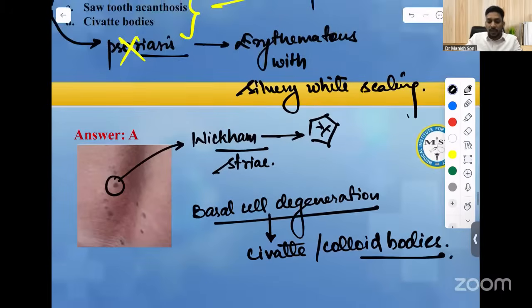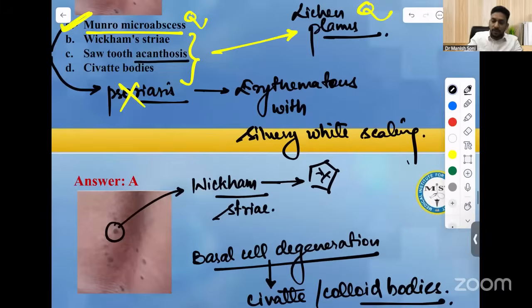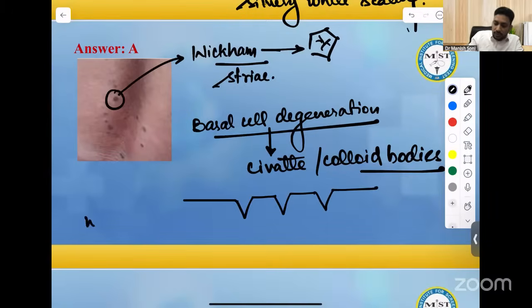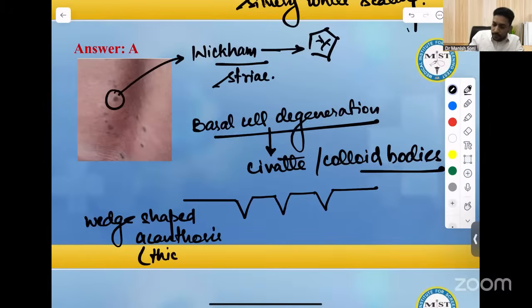Saw-toothed acanthosis. If you remember, I told you acanthosis is thickening of stratum spinosum. And at places it is thickened. Like here it is thickened, then it is normal. Then here it is thickened, then it is normal. So this is known as wedge-shaped acanthosis, that is thickening of stratum spinosum.